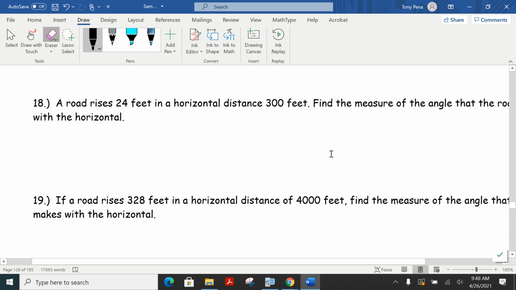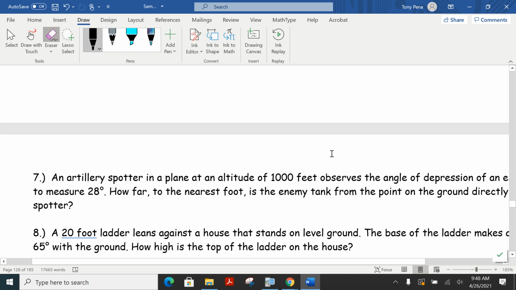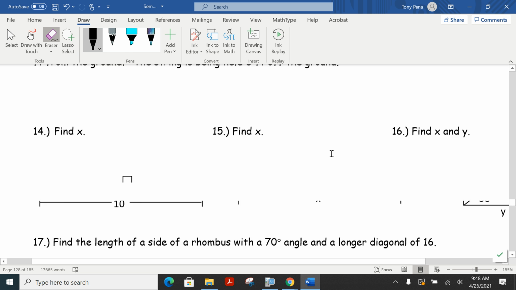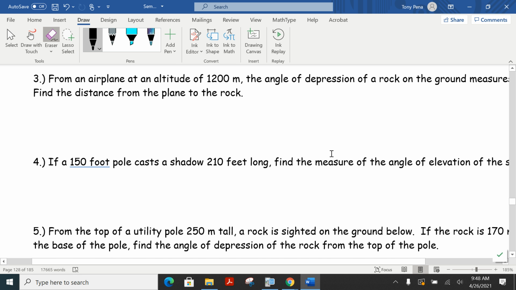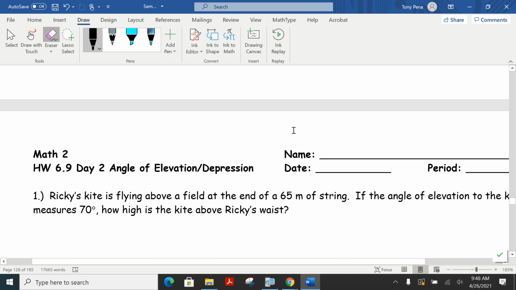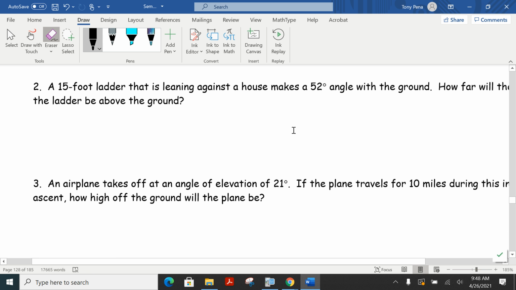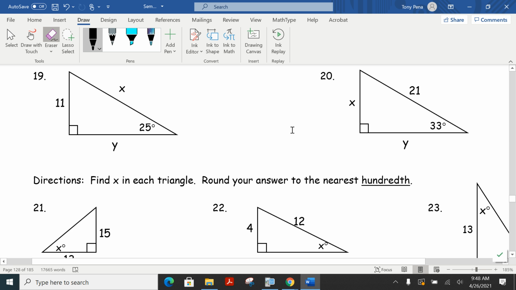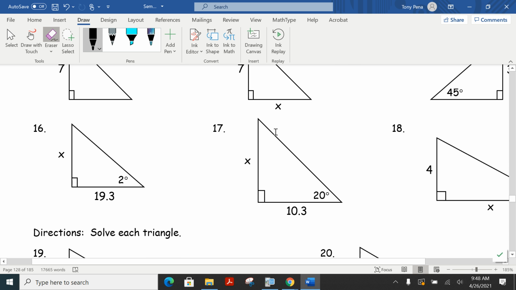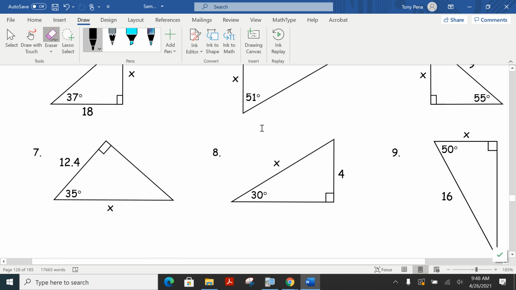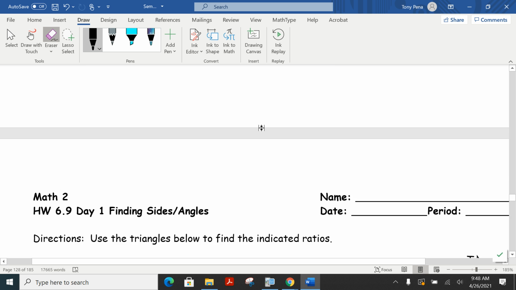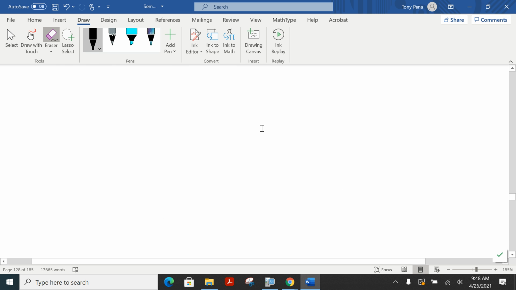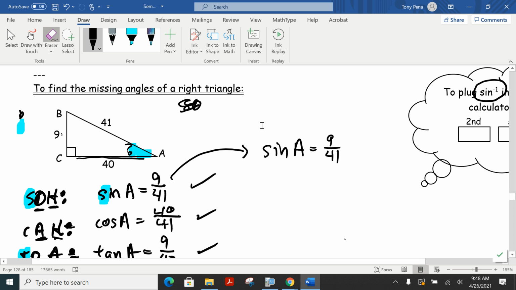All right, we're getting there, slowly but surely. All right, this should be the next page. All right, cross our fingers.